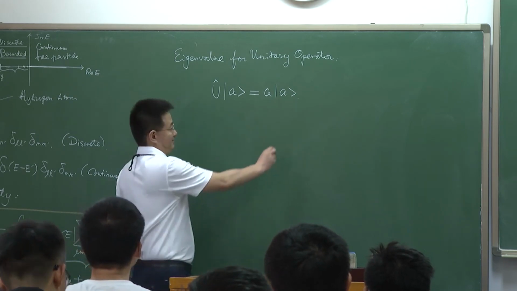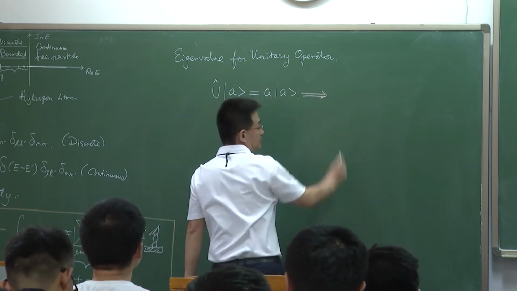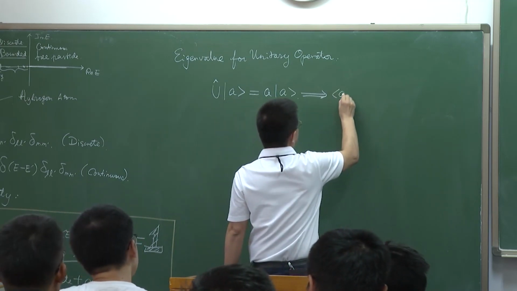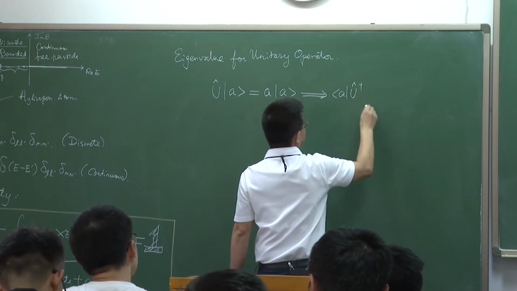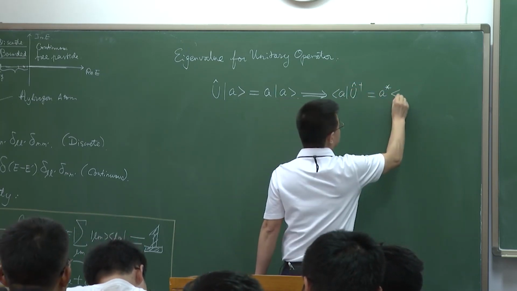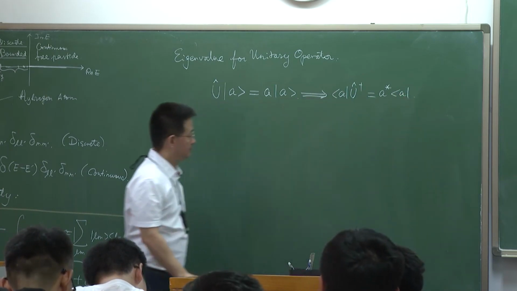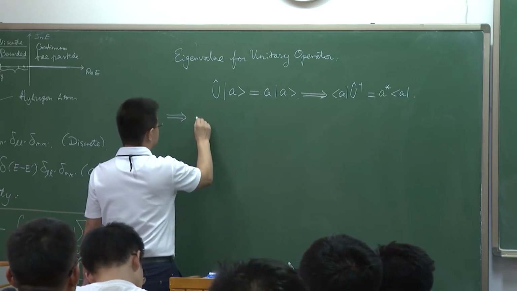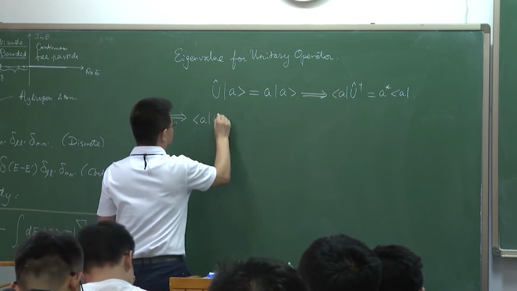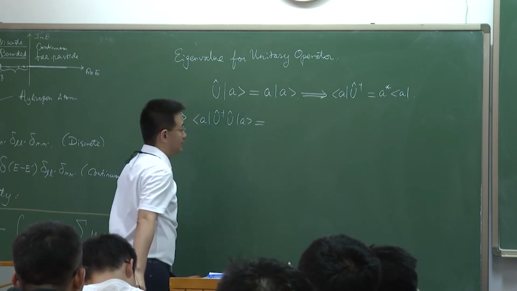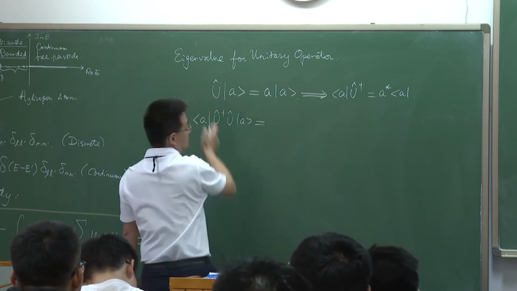So what will happen? Starting from this, you will have bra a U dagger equal to a star bra a, right? So you can have bra a U dagger U ket a equal to what? This and this.